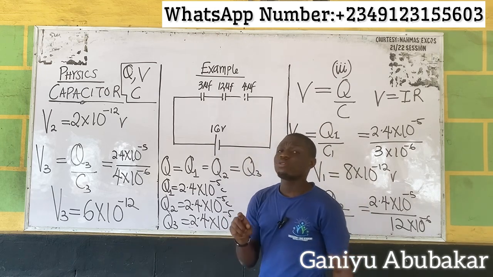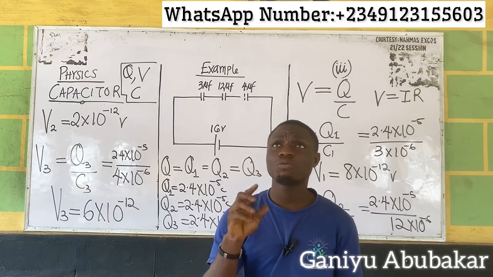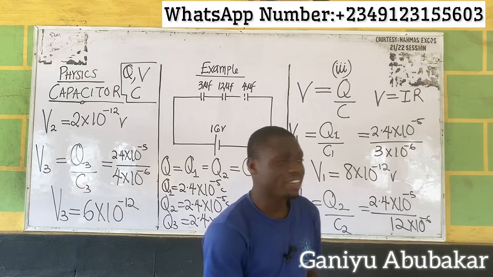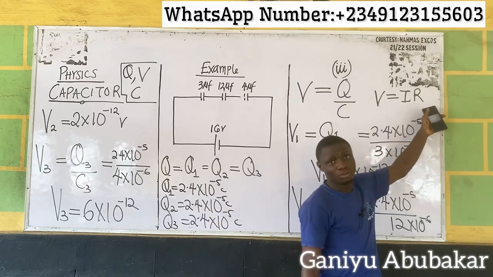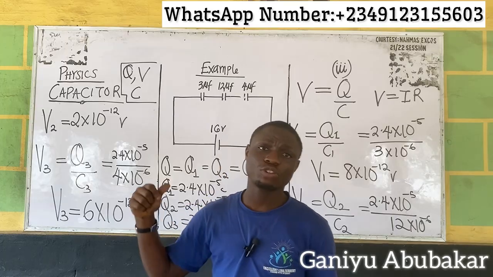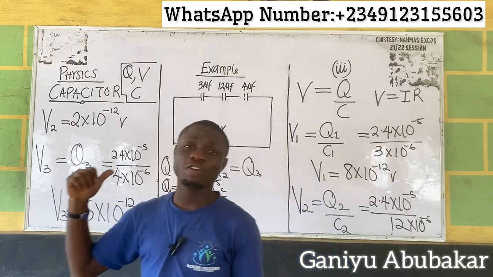When it comes to a resistor, the current is given as V equal to I R, right? So there's a kind of Ohm's law for a capacitor too. A capacitor has its own Ohm's law formula, which I'll be giving you now.